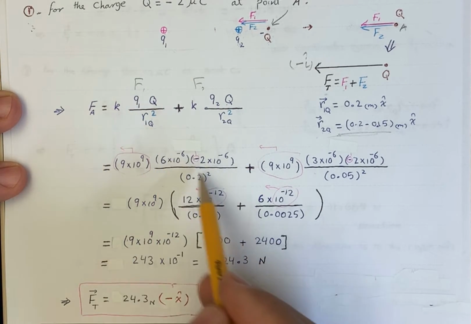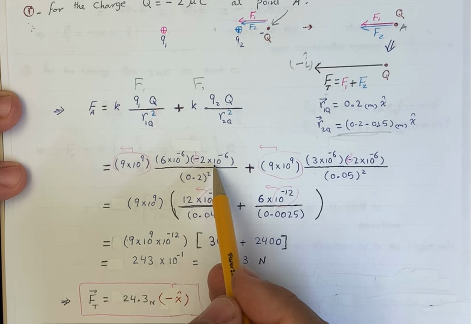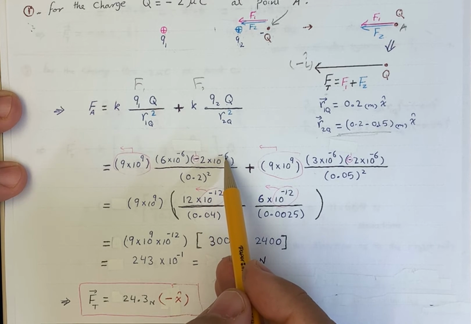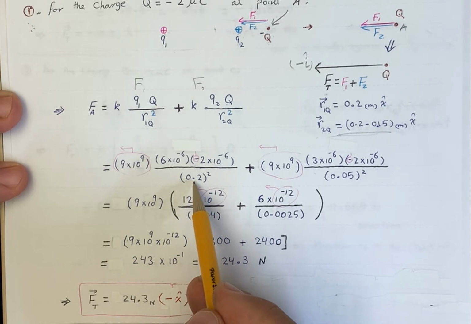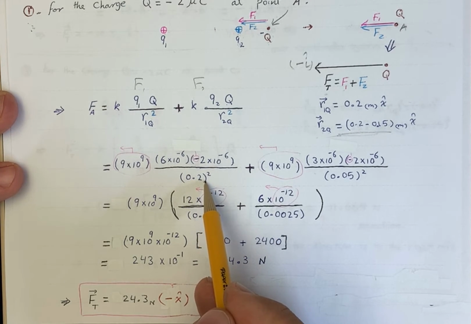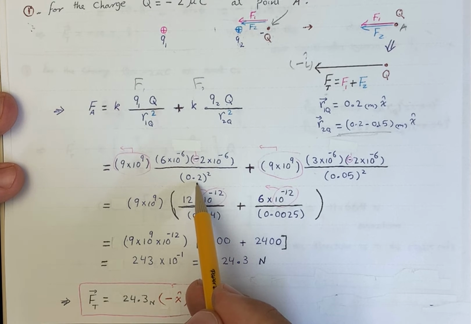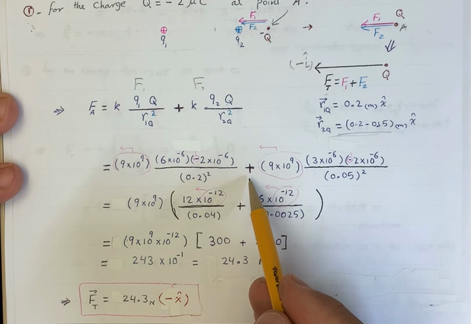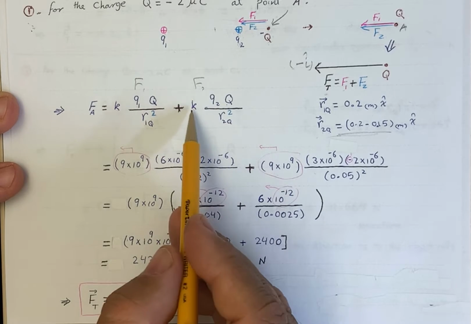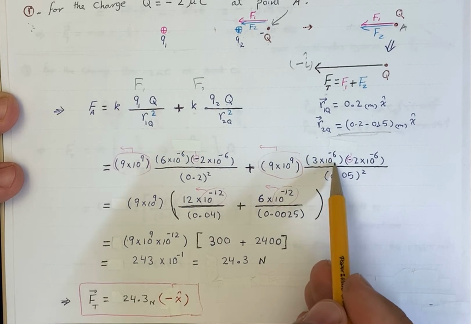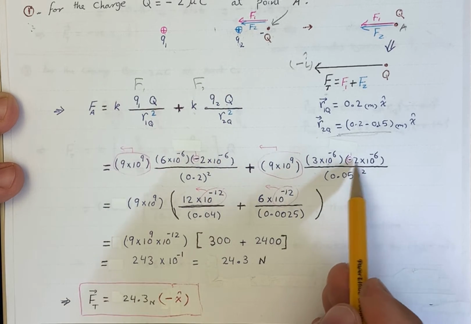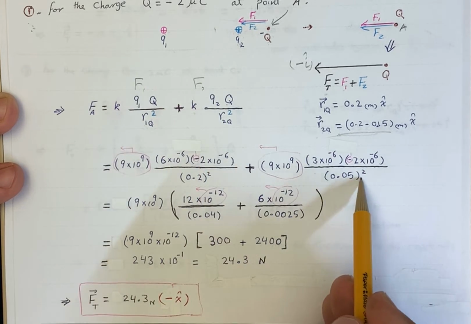Q, the test charge, is negative 2 times 10 to the negative 6, divided by the distance, which is 0.2 squared. I use meters, not centimeters, because I have to use the standard units. Plus 9 times 10 to the 9, K, times Q2, 3 micro, times Q, which is negative 2 micro, over the distance squared.